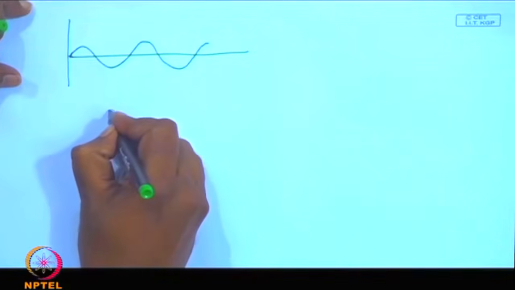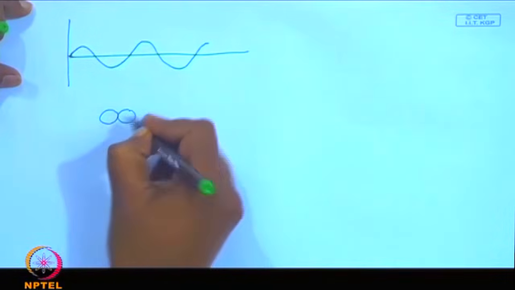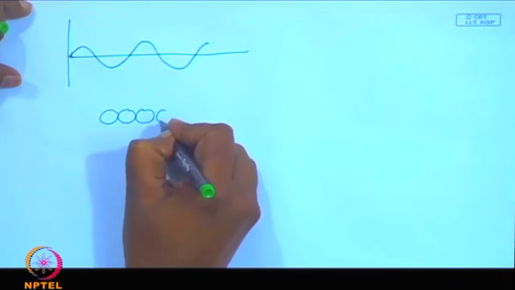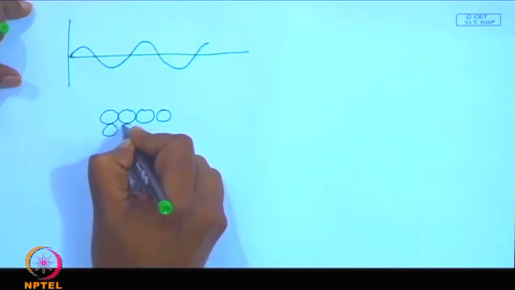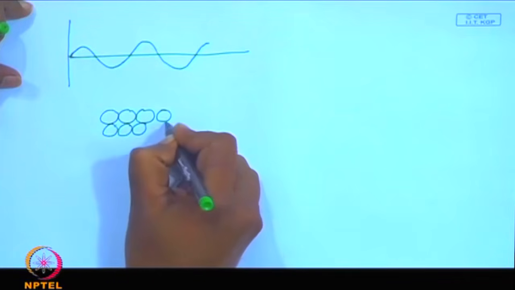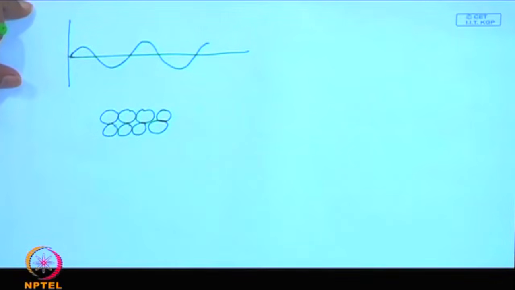Or if I draw diagrams like this, this is also a pattern. So, the problem of pattern recognition is, given some signal, whether it is a one dimensional signal or a two dimensional signal, we want the machine to recognize that particular signal. That is the problem of pattern recognition.